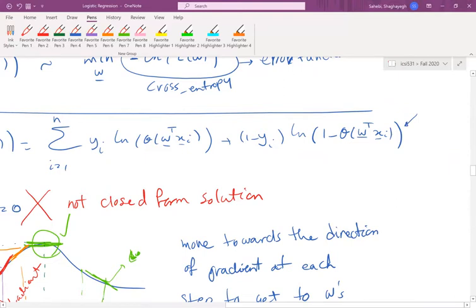It's a summation over all of our data points, and then the label of the data point multiplied by logarithm of sigmoid of W transpose xi, xi being the input data, the independent variables, and then 1 minus yi ln of 1 minus sigmoid of W transpose xi. All right.